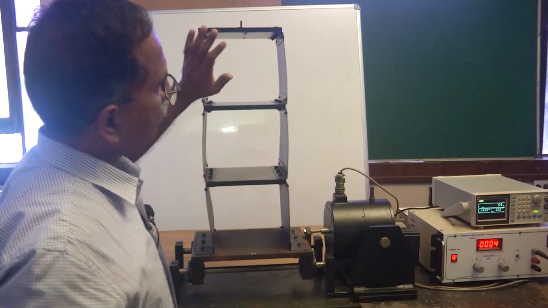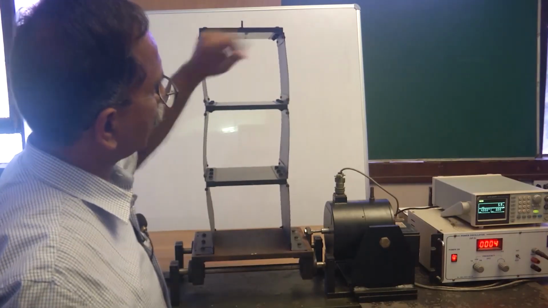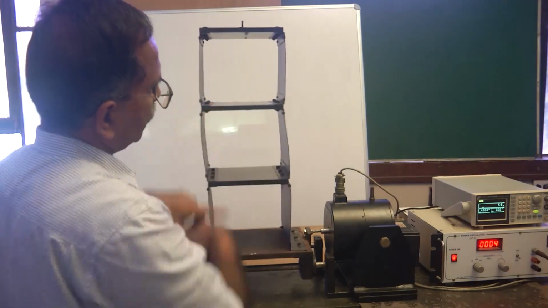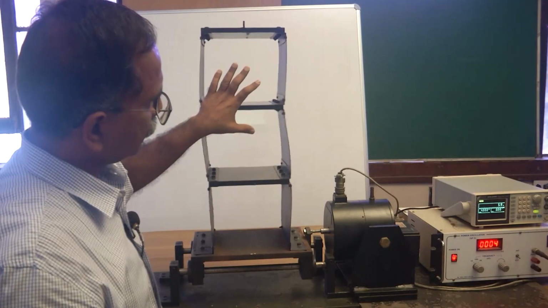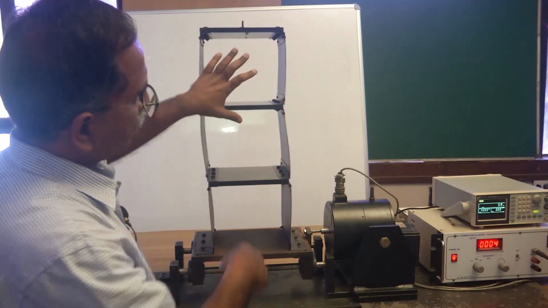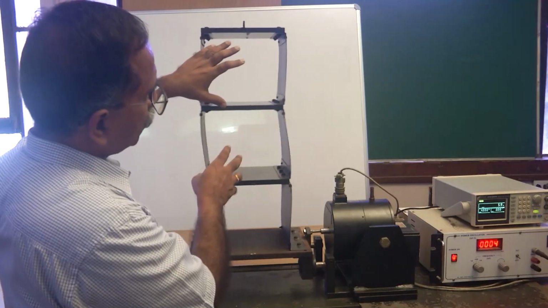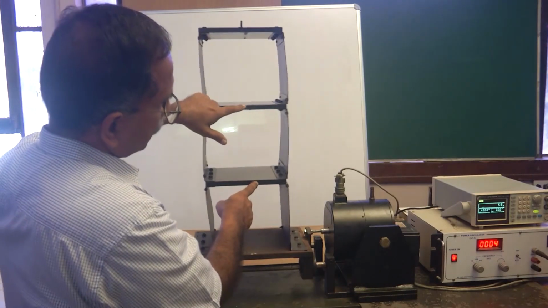Which means that in the first mode we never observed any node point between this plate and the top plate. In the second mode we observed a node somewhere closer to this plate, there was only one node, and in the third natural mode shape, we now see a possibility of two nodes being observed. One is between this one, and the other one is between this one and this one.